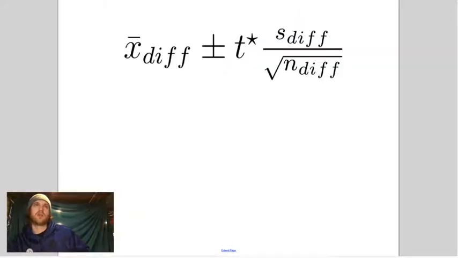All right, so here's how you calculate the confidence interval. Just go ahead and take a mental image of that. This is a paired t interval here. Write that at the top: paired t interval.